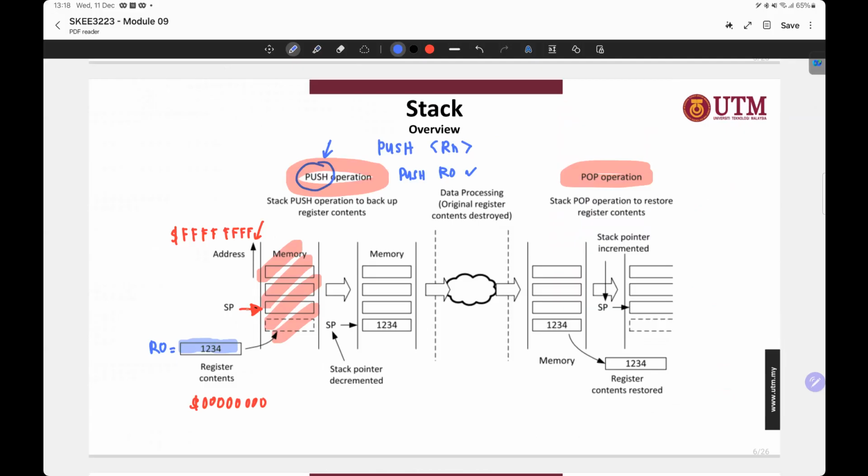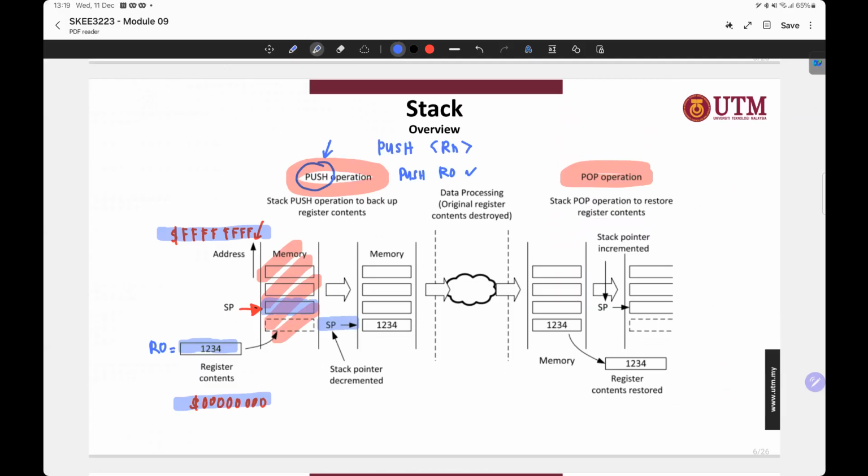The stack pointer, which currently points to the location I highlighted in blue here, is now decremented. Why decremented? You see here, the top is the highest memory address and the bottom is a lower memory address. So every time you use the push operation, the stack pointer will be decremented, going down 1 byte or 4 bytes in the memory.